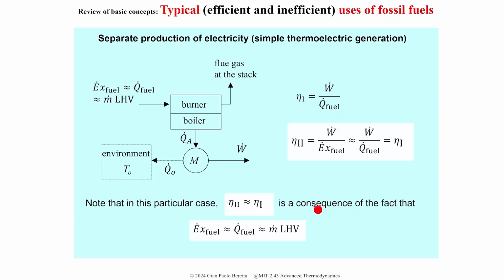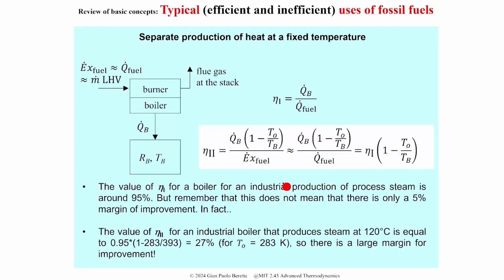Okay, so the message here is that for this particular case, eta 2 is approximately equal to eta 1. Now, instead of producing electricity, we want to heat something up, for example a simple case of heating up a room at some fixed temperature, or maybe heating up water to make it boil at some temperature.